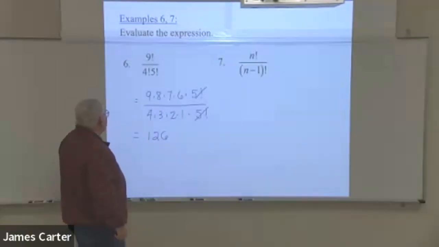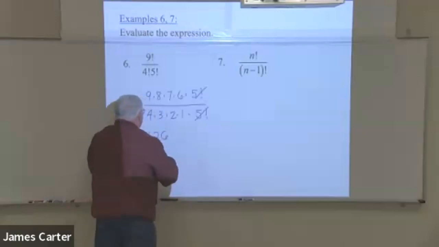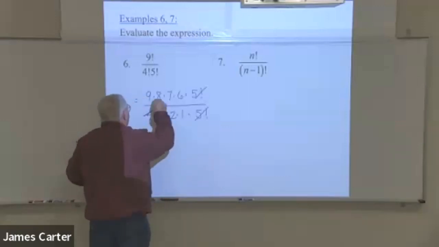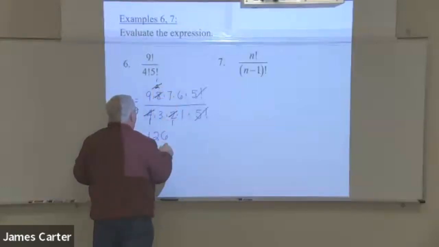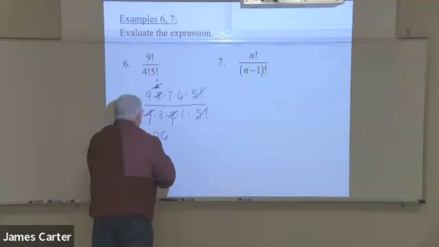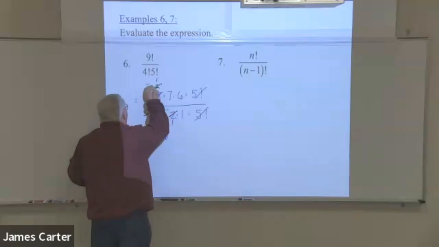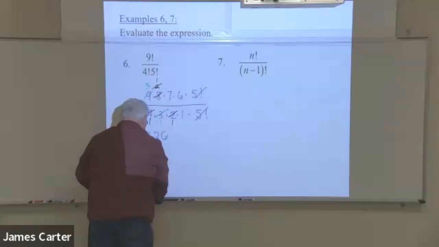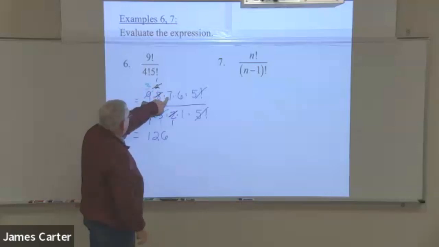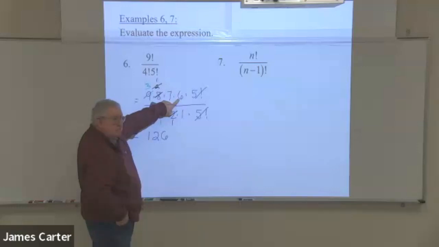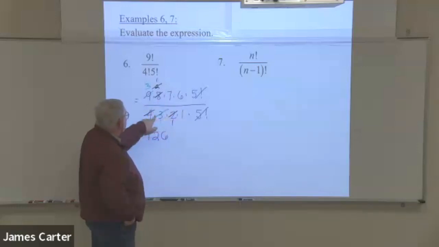So now we got 3 times 1 times 7 is 21. Times 6 times 21 is what, 126? And we've canceled out all of those.